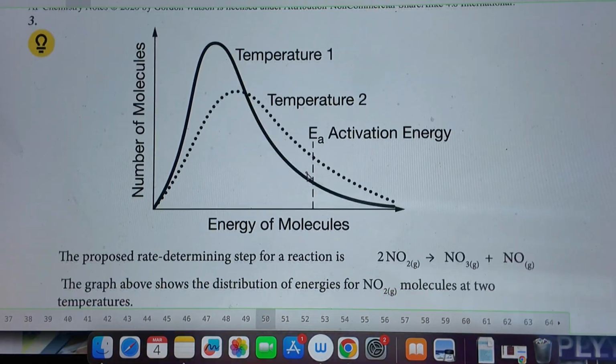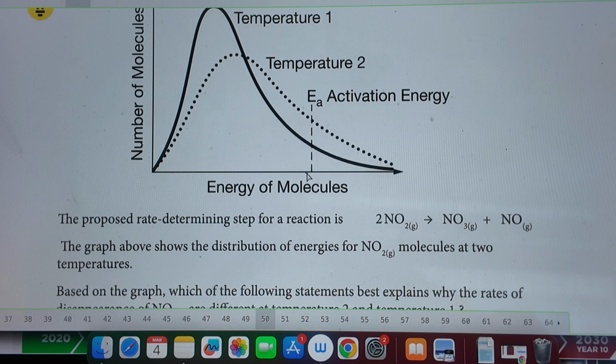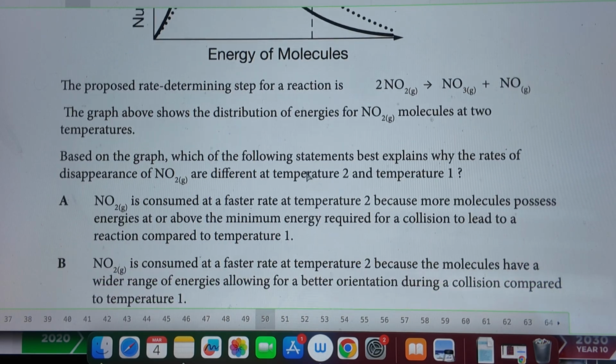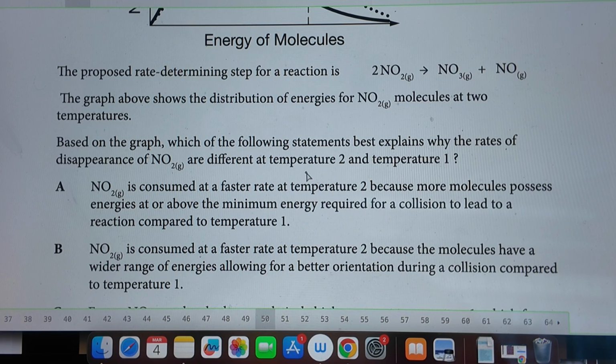Okay, question number 3. We have temperature, the number of molecules, the energy of the molecules, and the activation energy required. The proposed rate determining step for a reaction is 2NO2 plus 2NO3 turning into NO3 and NO. The graph above shows the distribution of energy for NO2 molecules at 2 different temperatures.